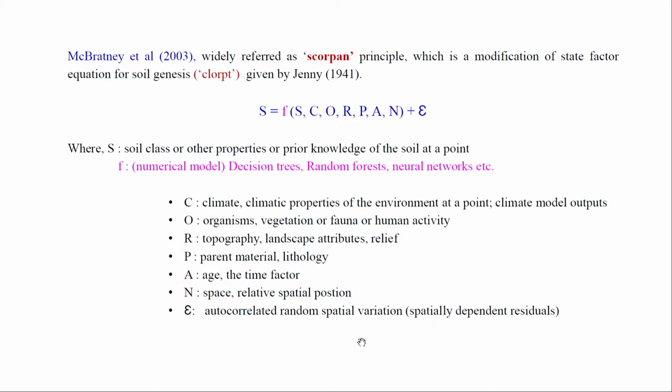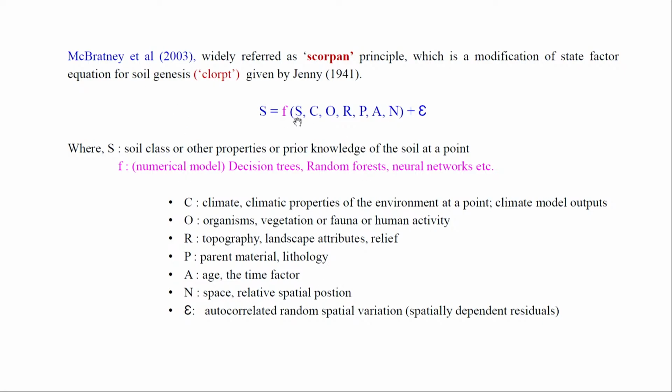Because of GPS, we can get the correct geographic information of the point, and we correlate soil information with this parameter. So the model is similar, but the extra thing added is N, the spatial position of the sample. That's why it is very easy to correlate point data with the other environmental variables.